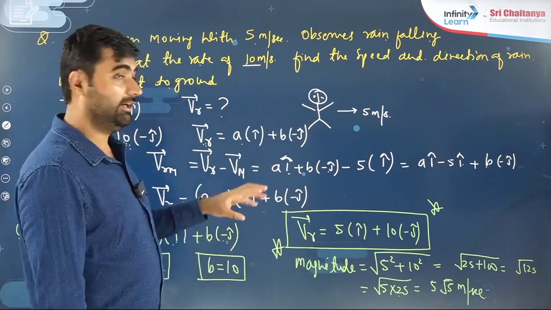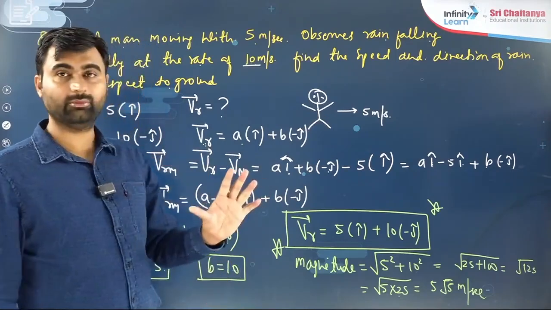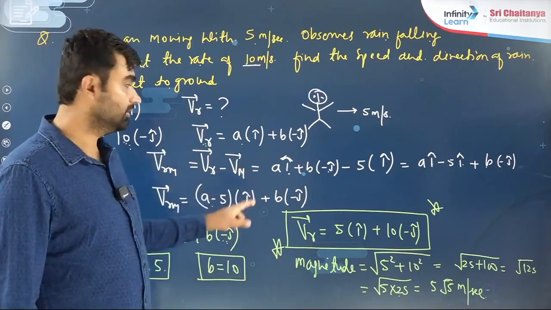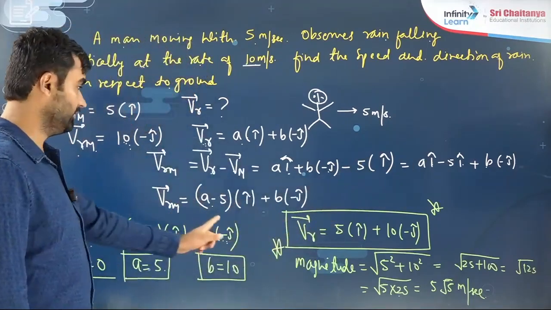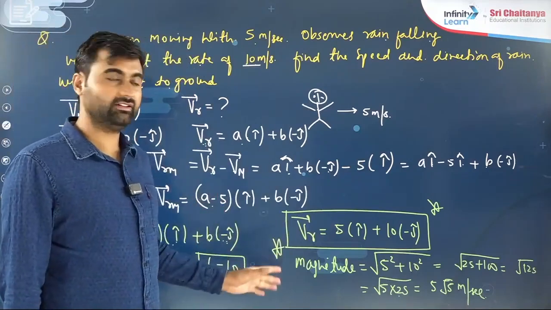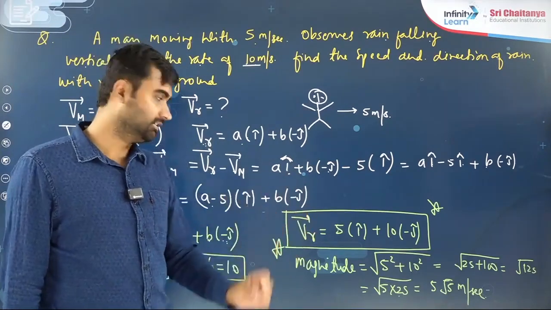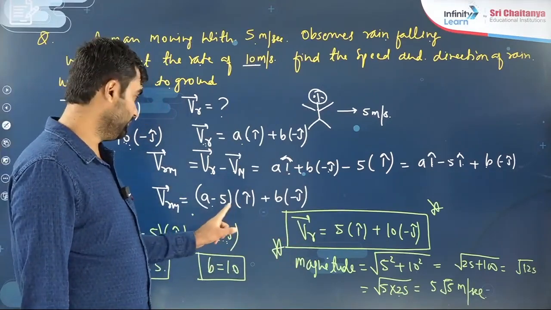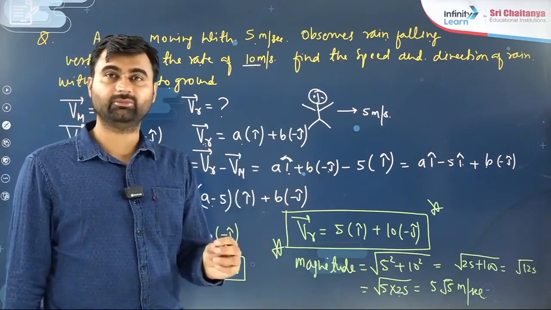Okay. And velocity of rain is not given. So how did we solve? Same method. We have to assume V_R, then find V_RM. Here they directly gave V_RM, so we put them equal. In this case, no need to draw a graph because they are not asking angle. If they ask angle, then draw the graph of V_RM, i cap and j cap coefficient on X and Y. Tan theta will be perpendicular by base.